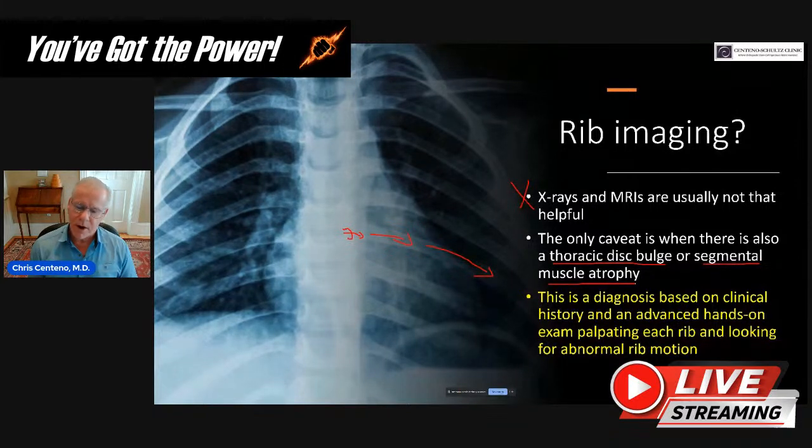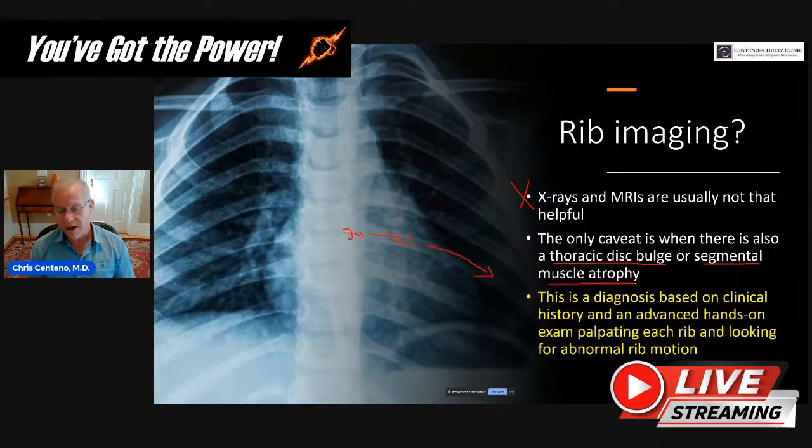But for the most part, this is a diagnosis based on clinical history and an advanced hands-on exam, palpating each rib and looking for abnormal rib motion. Now, this is not a common skill set. In fact, you're much more likely to find a physical therapist or chiropractor that can get to this diagnosis of an unstable rib than you are an MD or a DO.